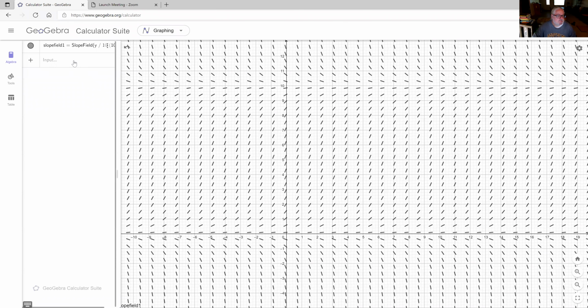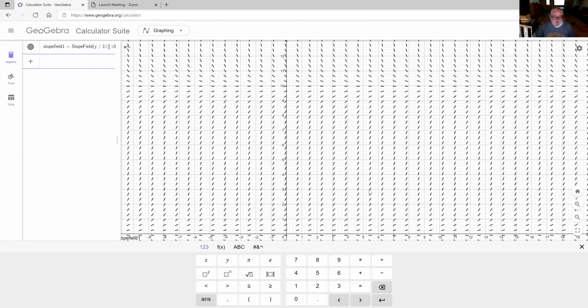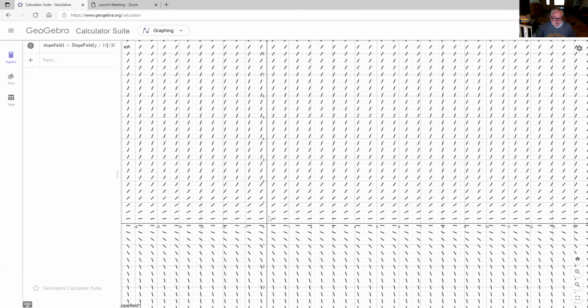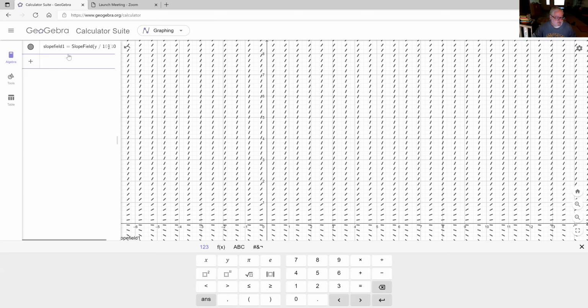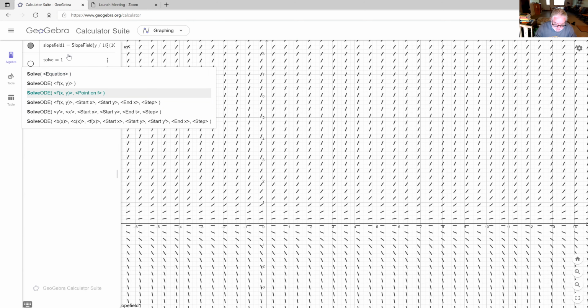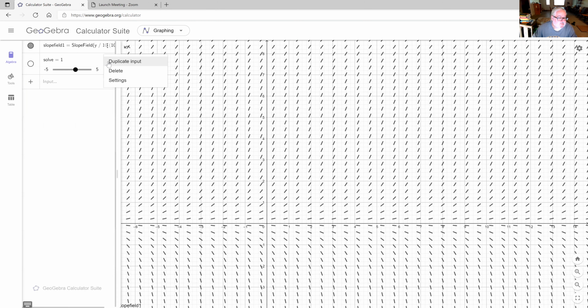Okay, so there's the GeoGebra. So this is the slope field that's been put in. We'll zoom in a little bit. So we're starting at 0, 1. What we want is to solve an ODE with an initial condition. Oh, man, I've been having issues with that all day.